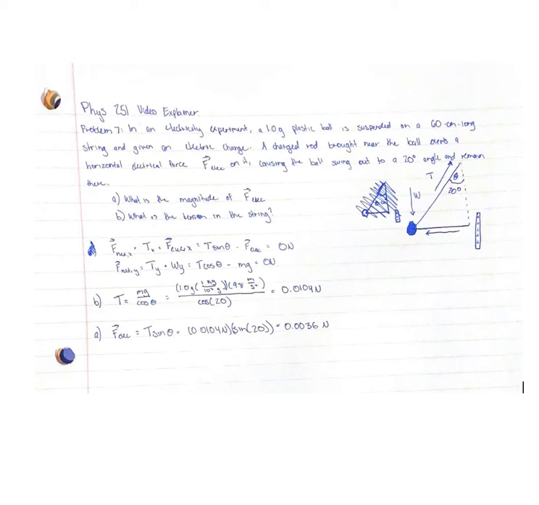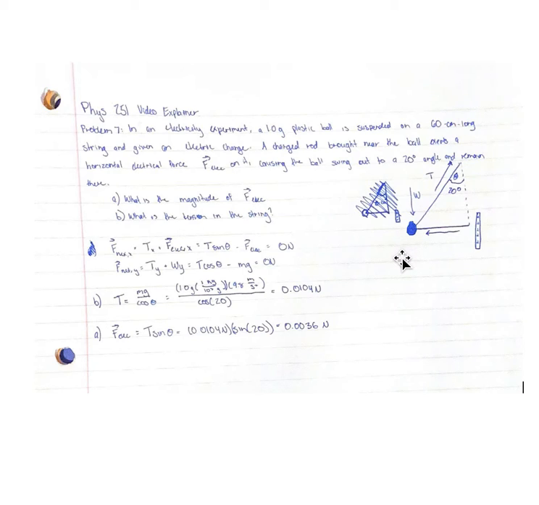Before we solve this problem, it is important to draw a diagram to help us visualize what's going on. Here we have our ball at a 20-degree angle, and here is our charged rod exerting that horizontal force. We have also labeled the tension that is exerted in the upward direction, as well as the weight, which is downward.